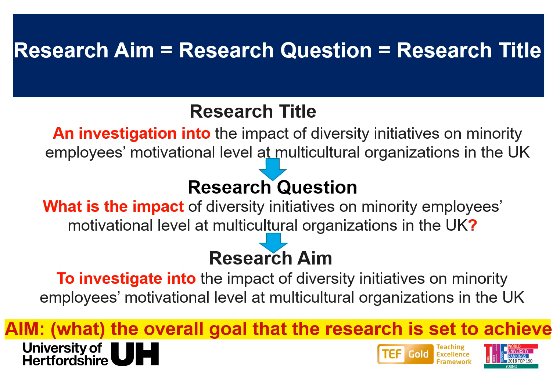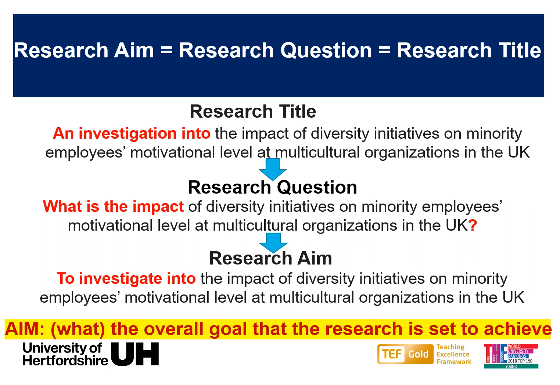So the aim, as we said, is the overall goal, and what the research is to achieve is actually the same as the question and the title. So what you do is you use the reporting verb but put a 'to' in front of it. So say, to investigate into.